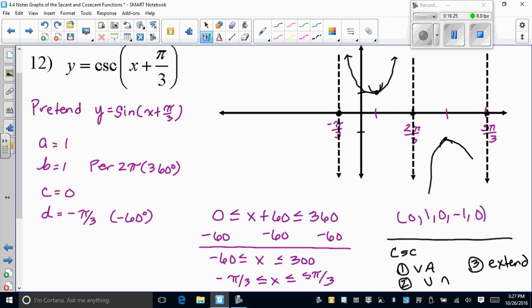And there you have it. And you're done. Now you can dot in your curve if you want, so you can see the curve.